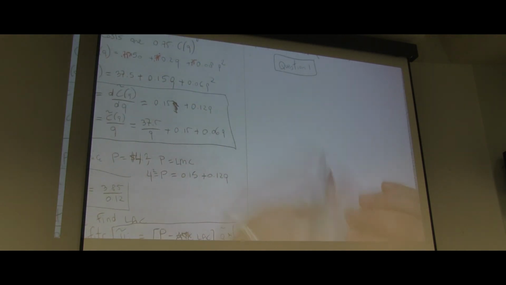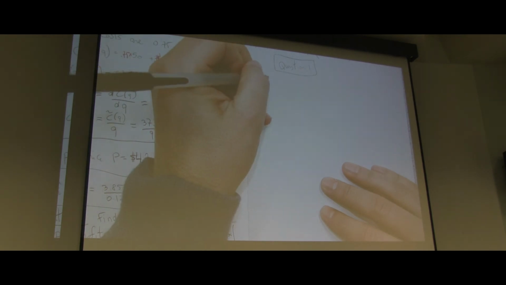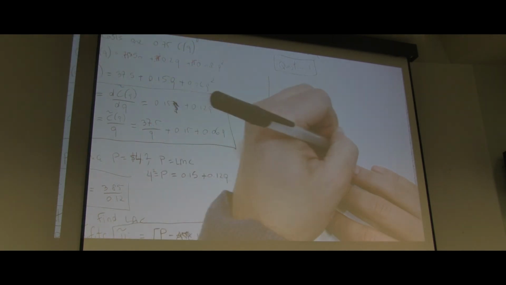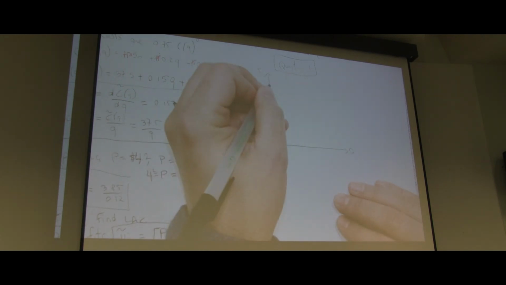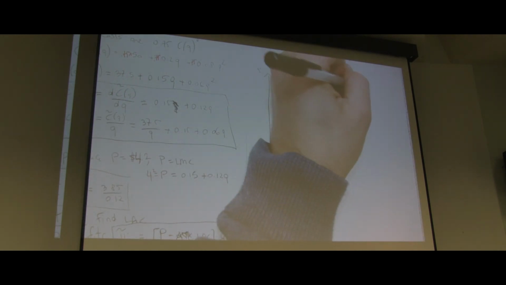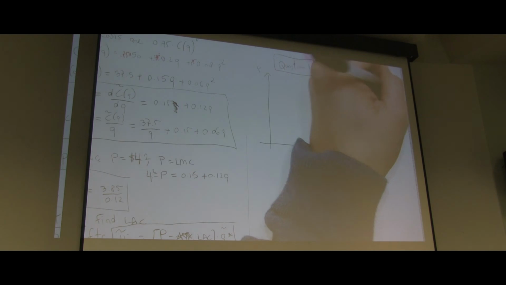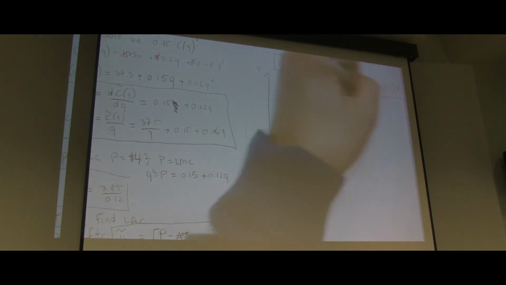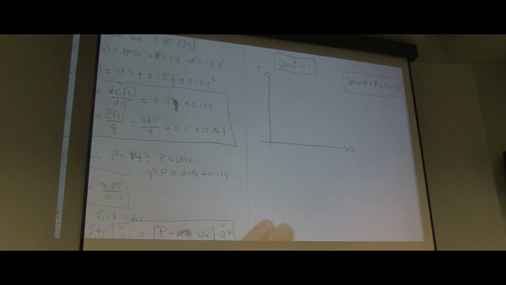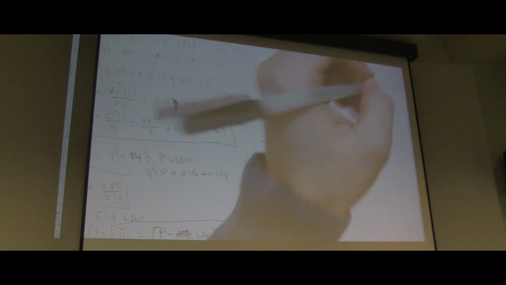So long question one, monopoly. We have a demand curve, and the demand curve is price equals 50 minus 1/2 Q. That's my demand. And then the marginal cost is equal to 2.